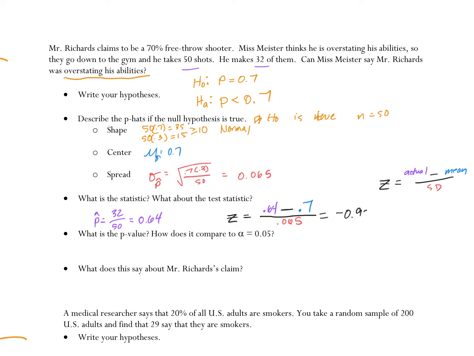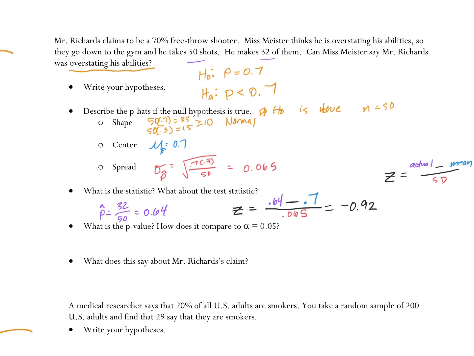Negative 0.92. Okay. All right. So we find our test statistic. Okay. Next step. We find that p-value.